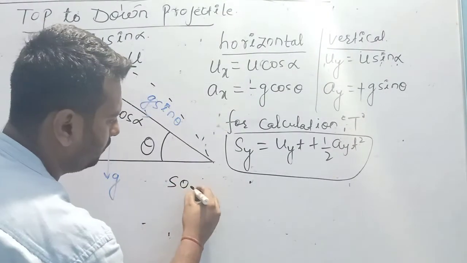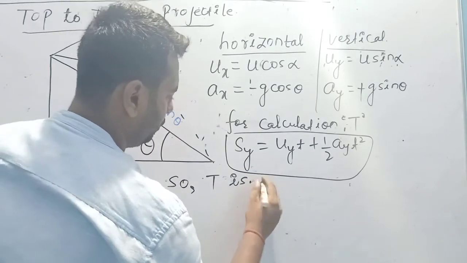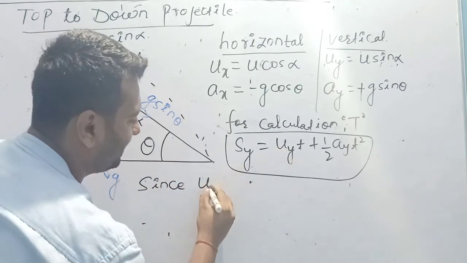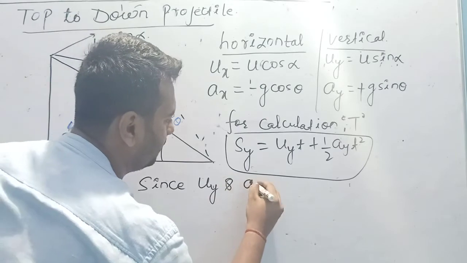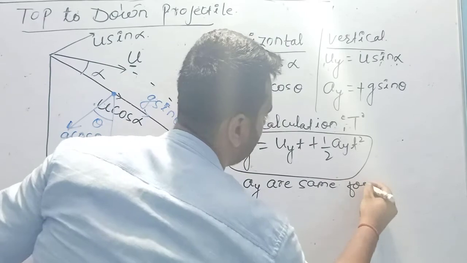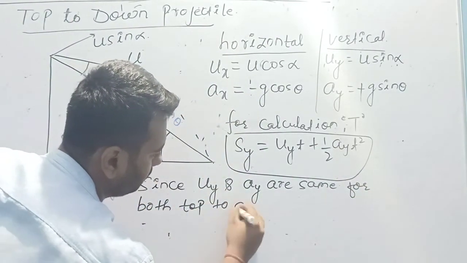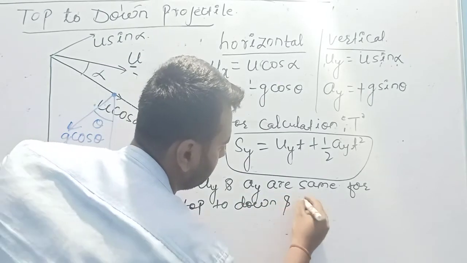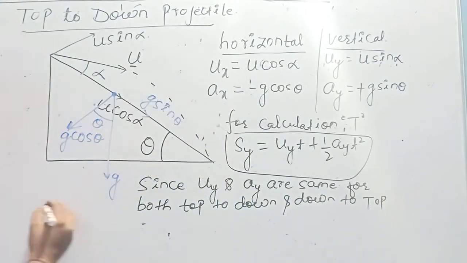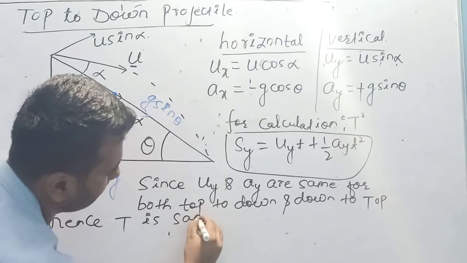Since y component of initial velocity and y component of acceleration due to gravity are same for both top to down and down to top, hence T is same in both the cases.